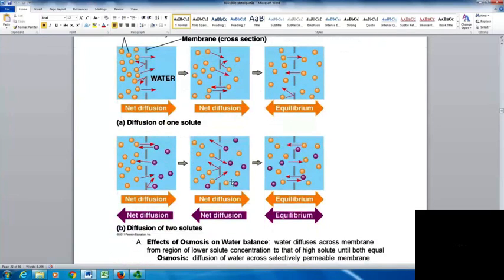If you're looking at two solutes, here you've got the yellow solute on the left, the purple solute on the right. They want to diffuse down their own concentration gradients. So the yellow wants to move to the right, the purple wants to move to the left. Again, they'll both move until they reach equilibrium. Then they continue moving, but they move at the same rate, so there is no net change.